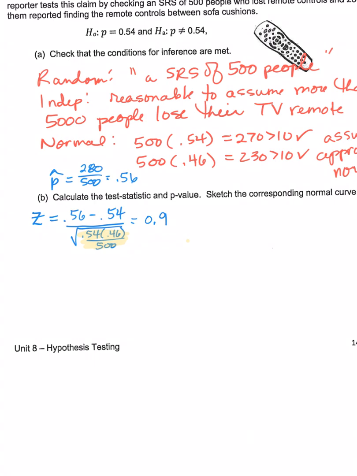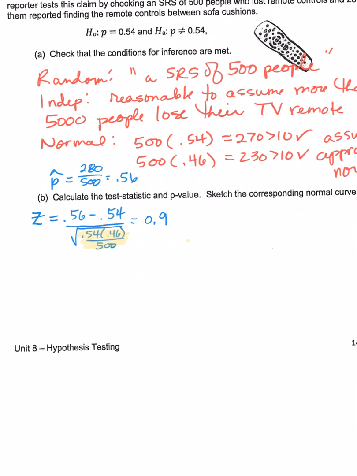Think about this. This is the number of standard deviations, right? If we're only looking at a significance level of 5%, or 2.5% on either end, that's more than 2 standard deviations, isn't it? This is not even 1 standard deviation. Do you think we're going to reject? No, we are going to fail to reject.